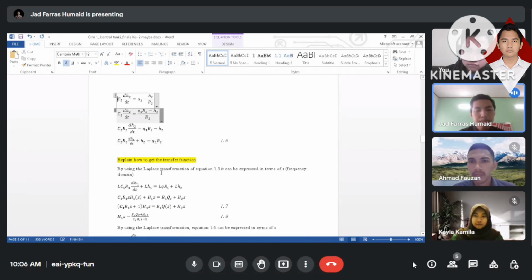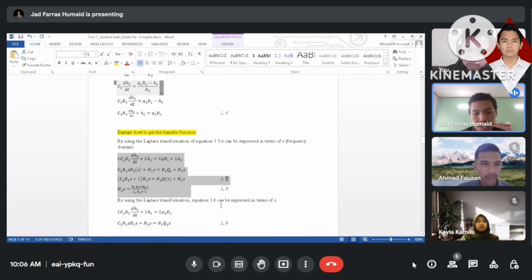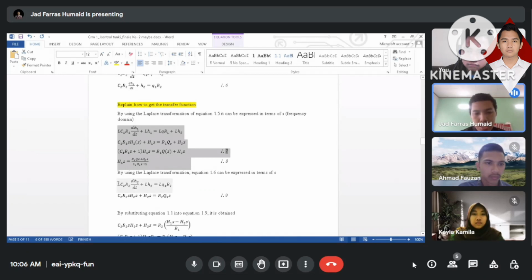By using the Laplace transformation of equation 1.5, it can be expressed in terms of s, or frequency domain, such as this. And by using the Laplace transformation, equation 1.6 can be expressed in terms of s, such as this.